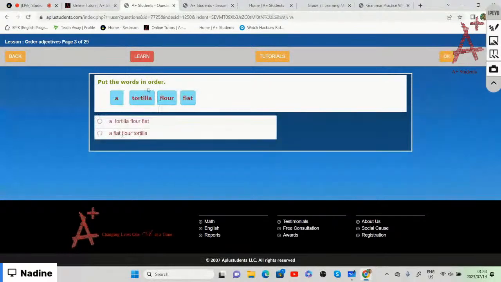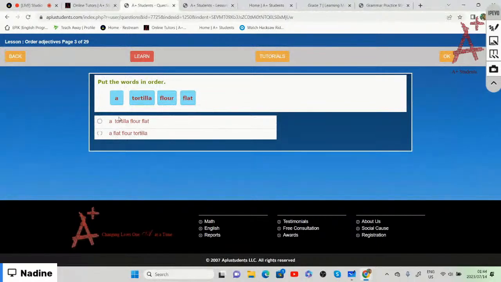A tortilla flour flat. Is it a tortilla flour flat or a flat flour tortilla? We need to choose the correct option that best describes the noun, but also based on the order in which we need to put it.